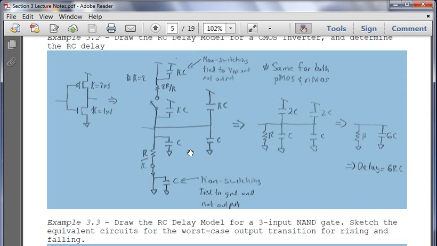And then our resistors add up. When the output is turning on or off, this simplifies down to a simple RC circuit: we have a resistor and 6 capacitors. And so 6RC is the classic solution for the RC delay of an inverter.